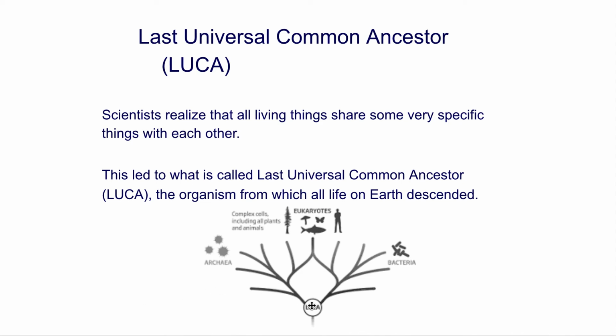So this is LUCA, and we are all descended from these very first life forms that existed on our planet. Here we are, eukaryotes, but all other life forms like bacteria and archaea also descended from LUCA, the last universal common ancestor that was around at the time life first appeared on our planet.